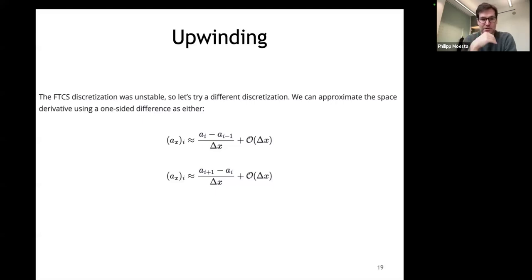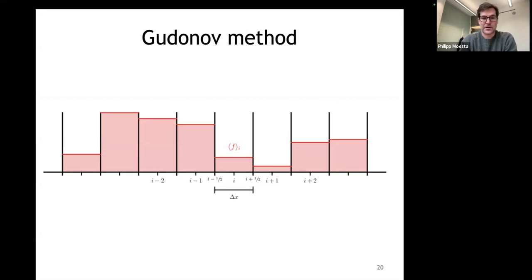So that is the first thing we need to do: choose a discretization. To go further with that, we can also think about what these labels that we've given our solution actually mean.